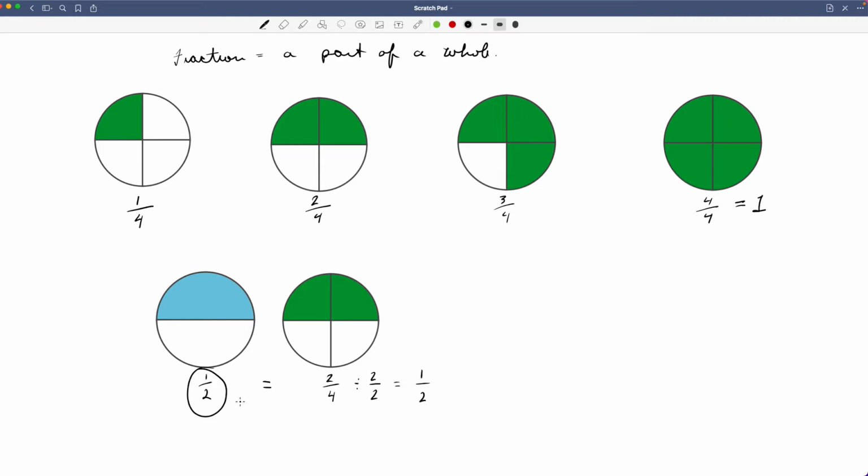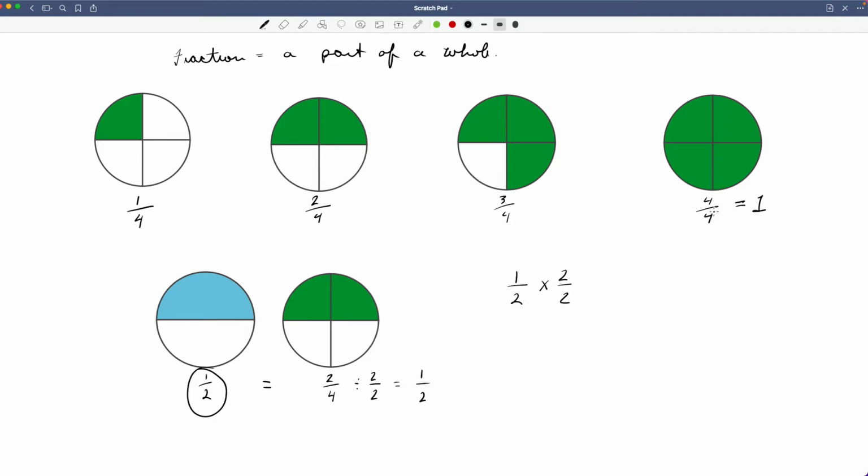And as long as we multiply by the same number on the top and the same number on the bottom, we do not change the value of the fraction. So for instance, if I took the 1/2 and I multiplied by 2 over 2, the same on the top and the bottom, this is ultimately, if you think about this, 2 over 2 is 1.